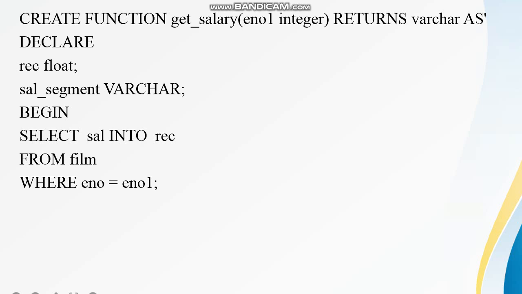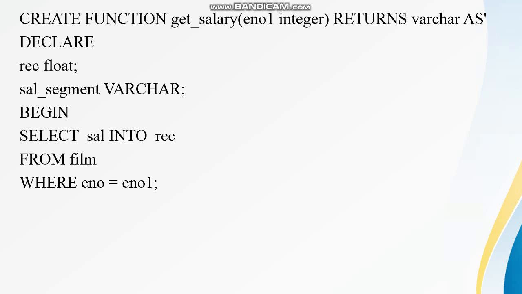I have declared other variables: rec of type float, and salary_segment of type varchar. BEGIN, SELECT sal INTO rec. Always remember, sal is nothing but an attribute of your table.